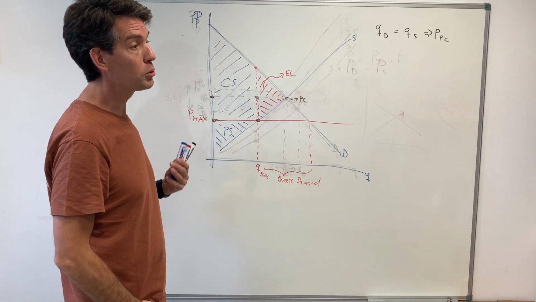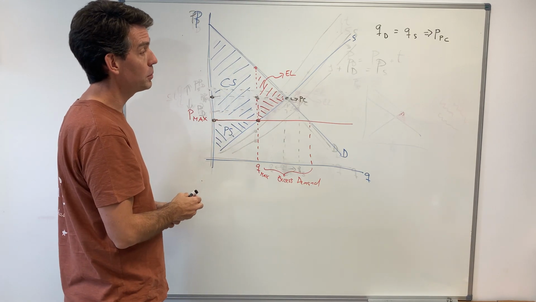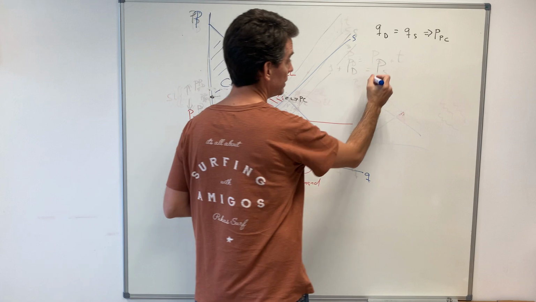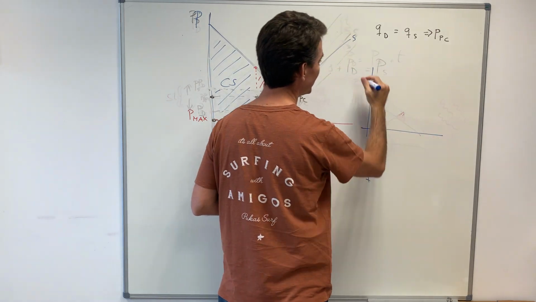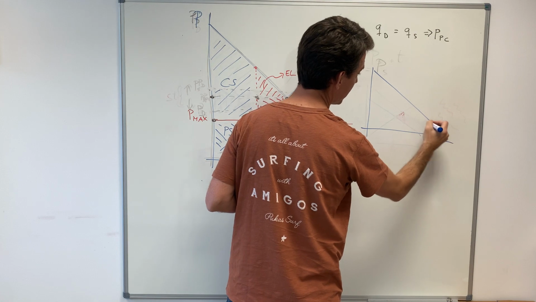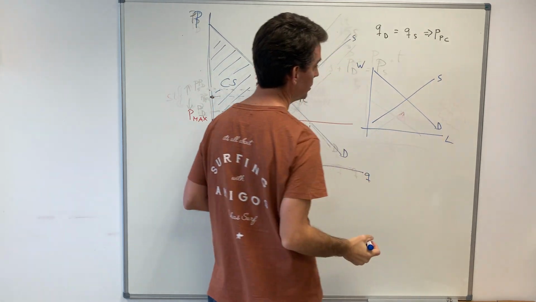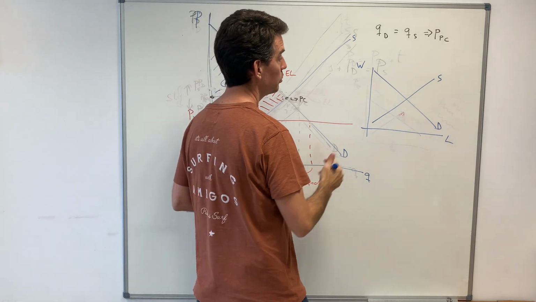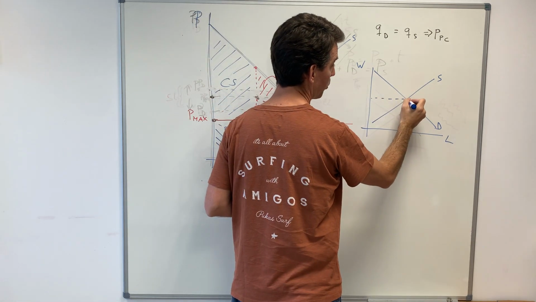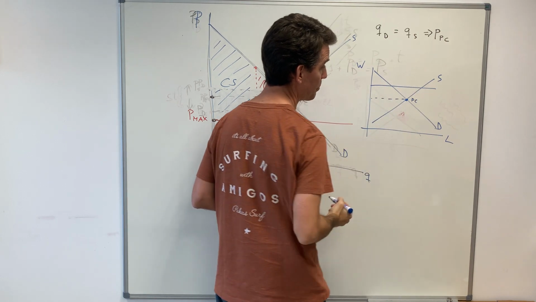the price cannot be below this one. So do the analogies. If the price cannot be below some price, that would mean, and I'm doing the graph, this is wage, this is labor, this is the demand for labor, which is what companies are asking for, this is the supply of labor, right? So a minimum wage would be a wage that, instead of being the one that we would obtain under competition, would be up here.